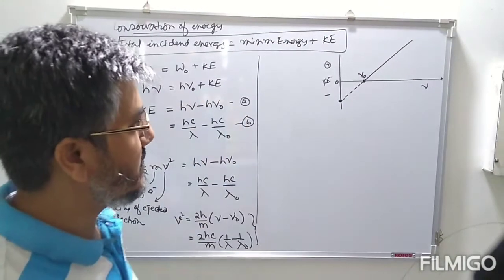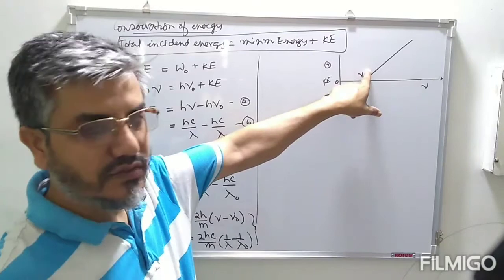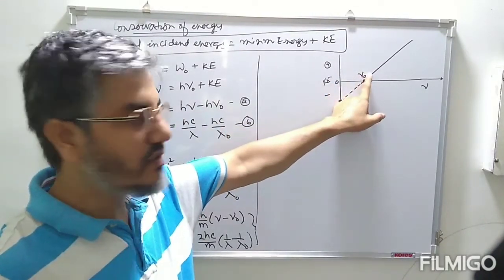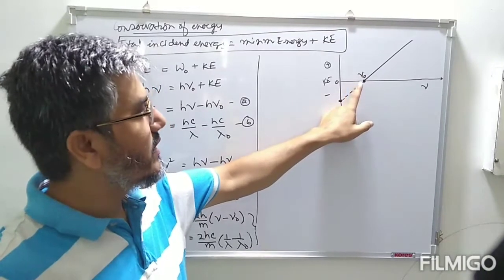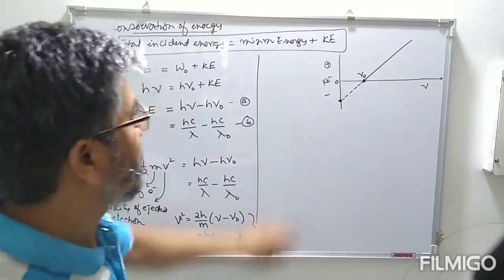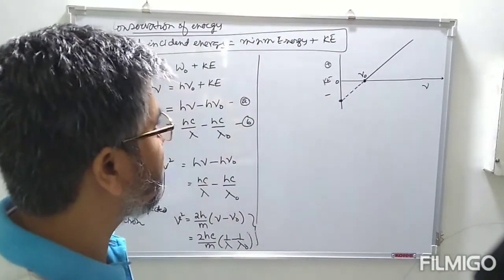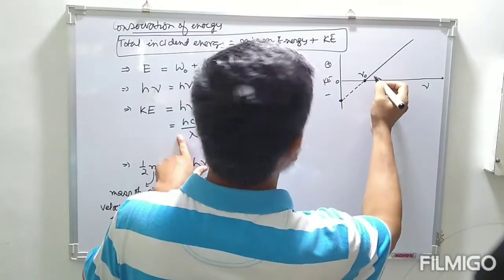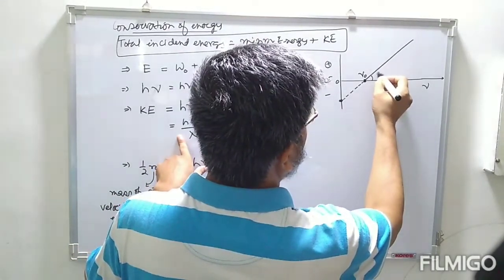So you have to supply energy corresponding to this nu naught. If the energy is less than this nu naught, then no photoelectric effect. If the energy is greater than, then there is ejection of electron. So this is kinetic energy versus frequency graph. And this y-intercept, this is slope.